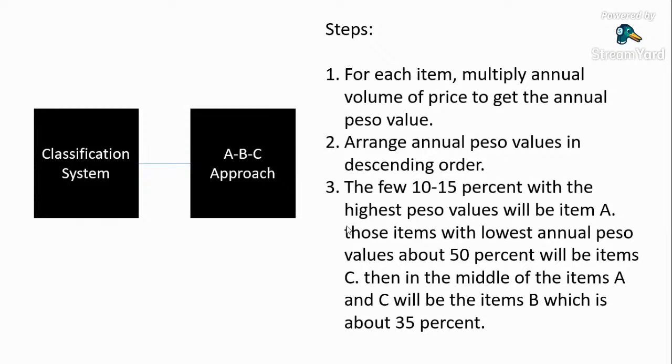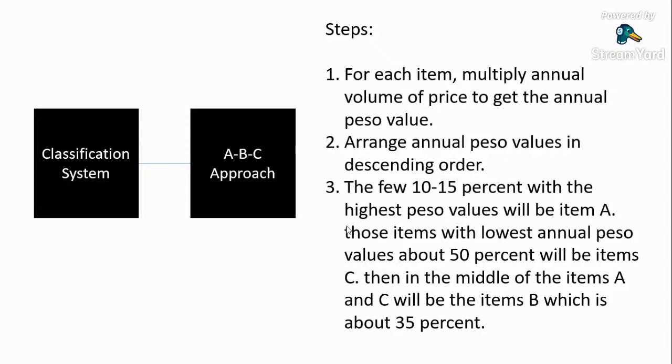Ganito lang po ginagawa ito. Company, para maayos ang inventory, ina-arrange nila yan according to ABC approach. Yung ABC approach, it is not literally means ABC, kundi nakadepende yan sa highest peso value.